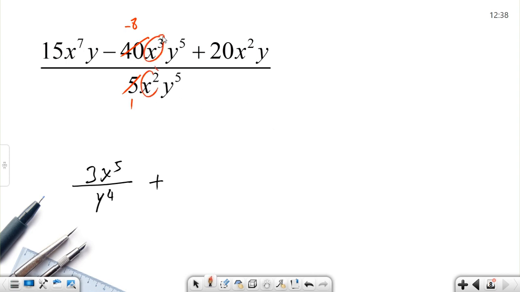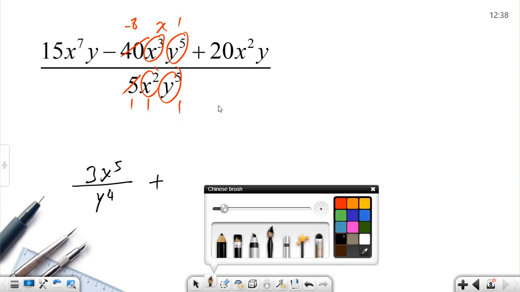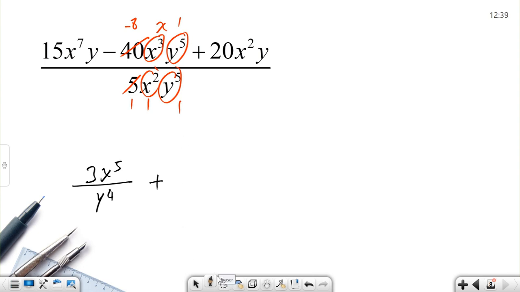X cubed and x squared. So 3 minus 2. This will be x. This will be 1. So y to the power of 5, y to the power of 5, both of them will be 1. Let's write it. Minus 8 times x times 1. Minus 8x. So I wrote plus here, but it's wrong. It must be minus, because we have minus 8x. Over 1 times 1 times 1. Minus 8x divided by 1 is itself. So we don't write this one.